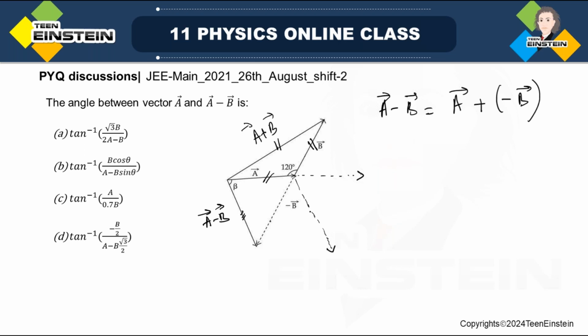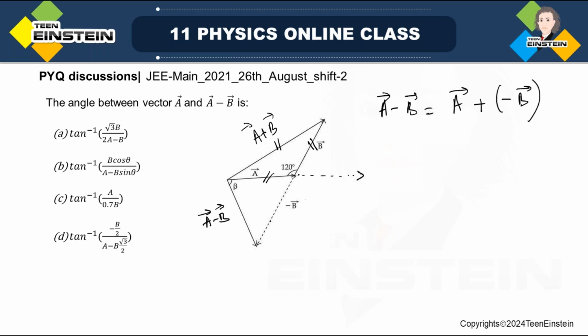These two are parallel, you can see this. This is the resultant A minus B, this is also A minus B. I'm just erasing this part, but you can understand this is A minus B, right? So I have to find out what is this angle beta.